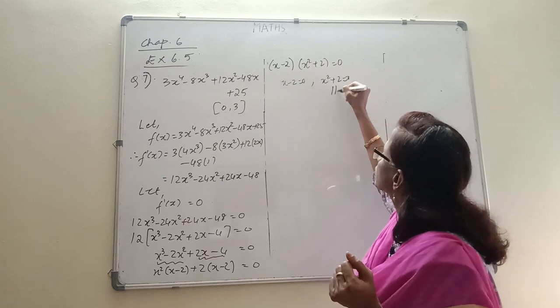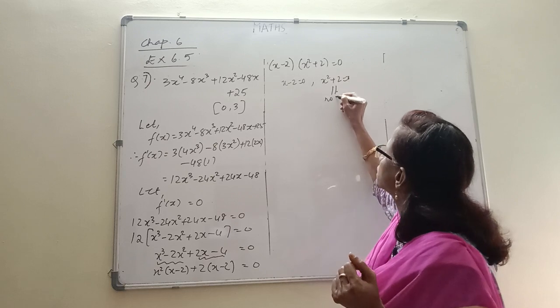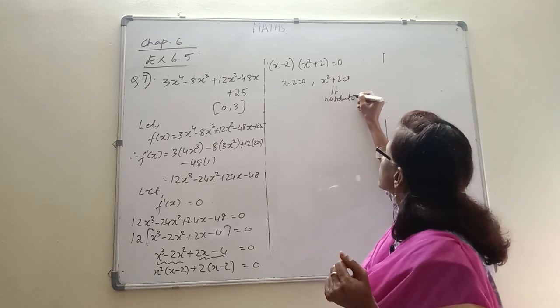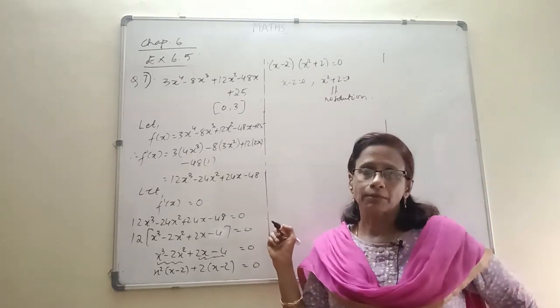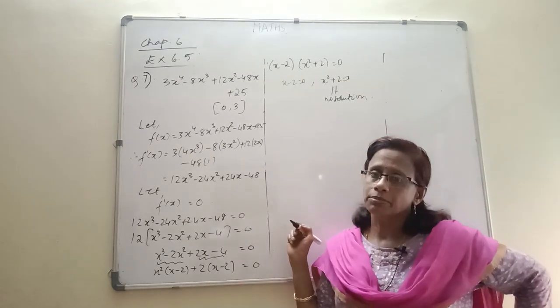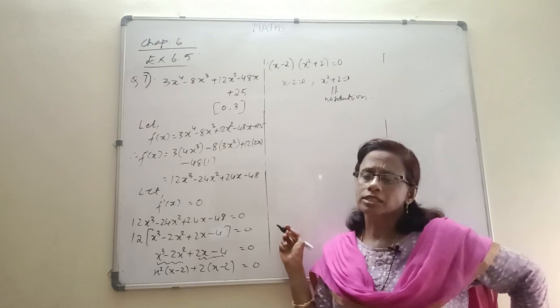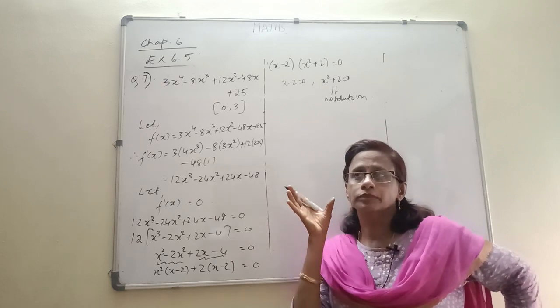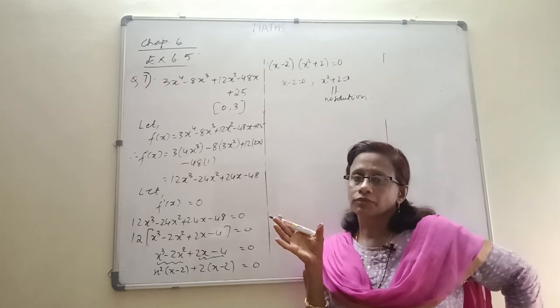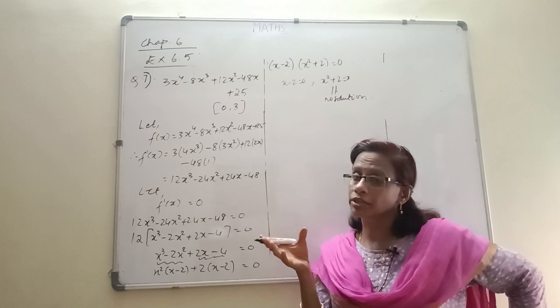But for this you will not get a solution, because it is irreducible in real numbers. Equations of this type are irreducible. If you want, we can check with minus b plus or minus root of b squared minus 4ac over 2a. You will get the root of a negative value, which cannot be found in real numbers.